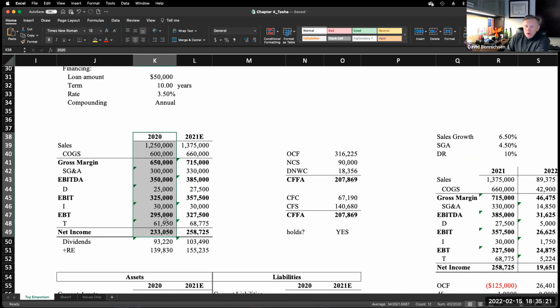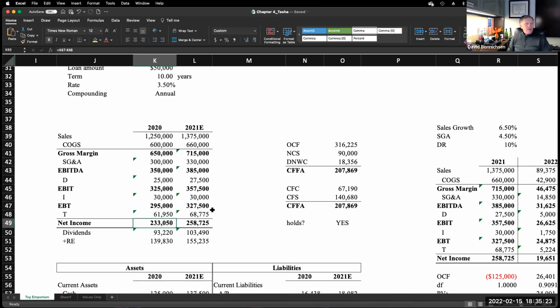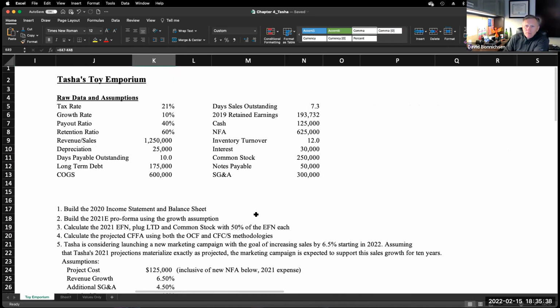Once we get to net income, we have that management decision to decide whether or not we're going to pay dividends to shareholders or keep it all for ourselves. Up in the assumptions table, it tells us that we've decided to pay out 40% of our net income to shareholders.